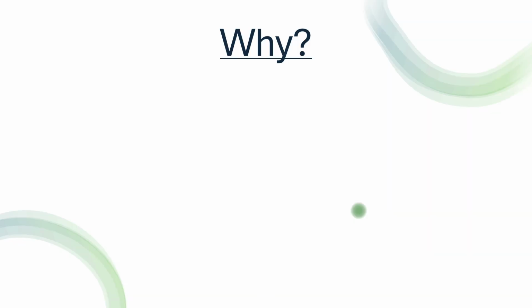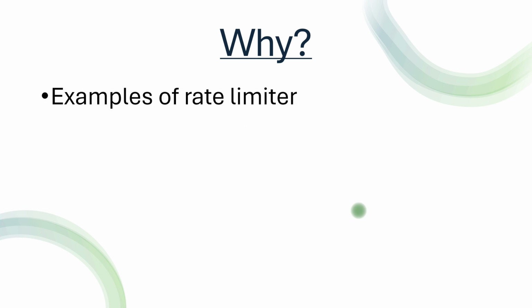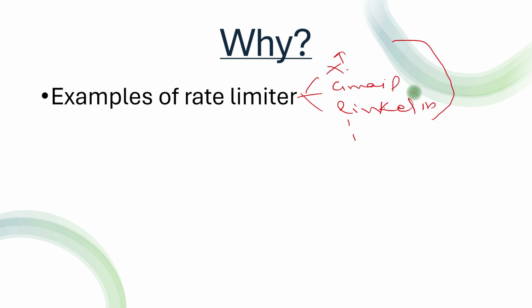First things first, let's cover why we need a rate limiter. Let's see some example use cases. We all have accounts on social media, like x.com, previously Twitter, and we have accounts on Gmail, LinkedIn, and many others. If you have experienced this, even before creating posts, if you try to create accounts on X, Gmail, LinkedIn, there will be a limit.